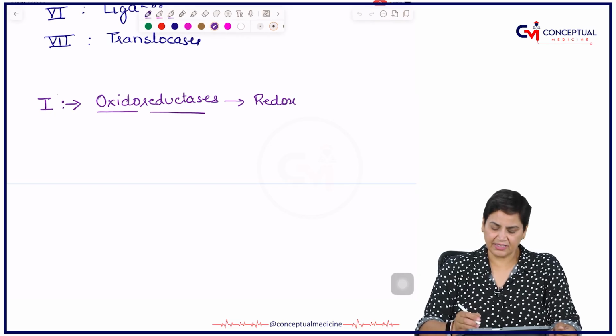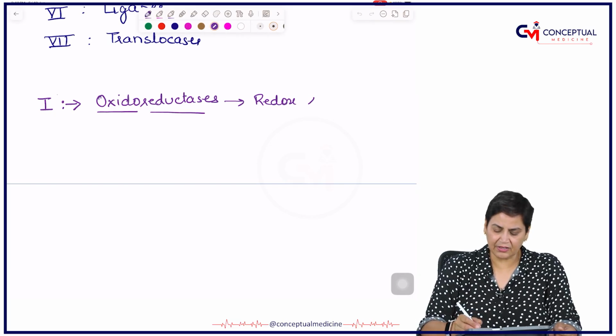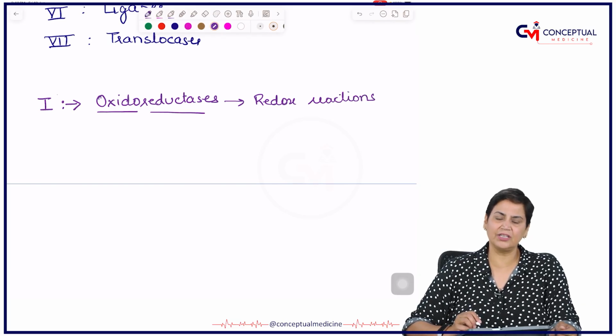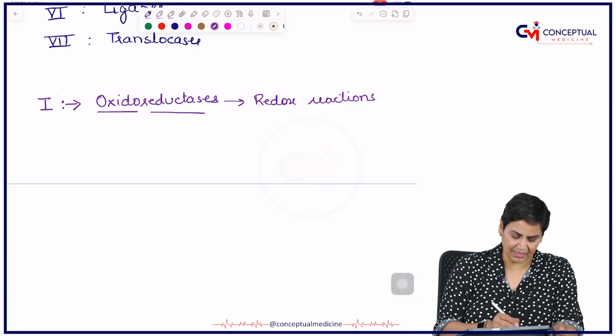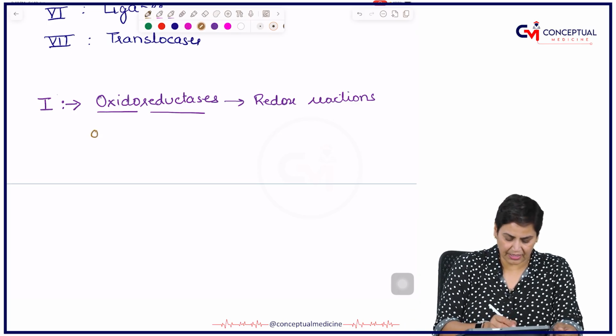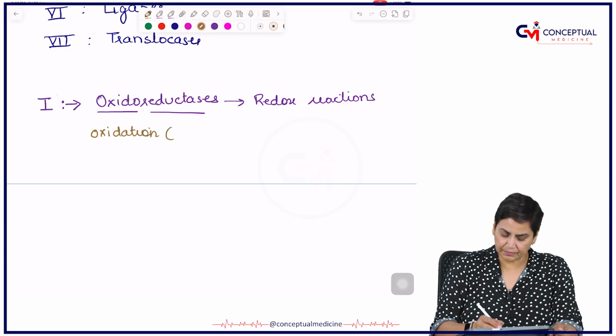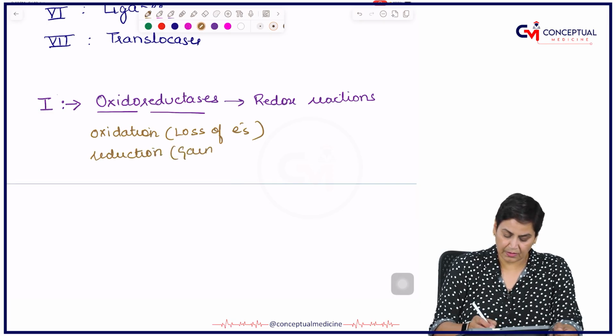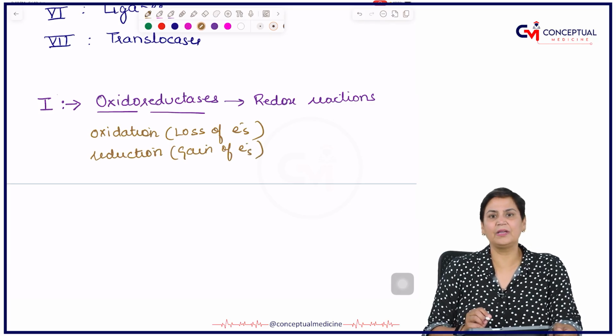So oxidoreductases is simply catalyzing the redox reactions, and we know what redox reactions are: the ones in which oxidation and reduction take place simultaneously. So I can simply define it as oxidation, which is loss of electrons, and reduction, which is gain of electrons, taking place simultaneously. So these are typical oxidoreductases class of enzymes.